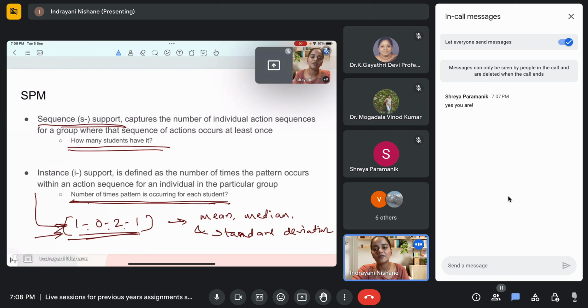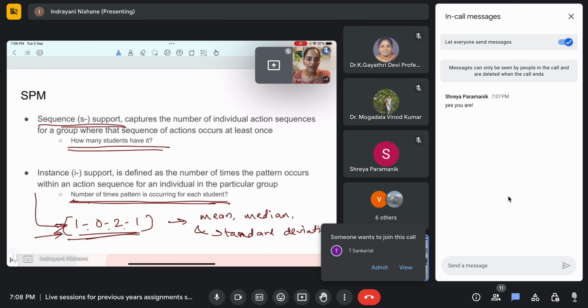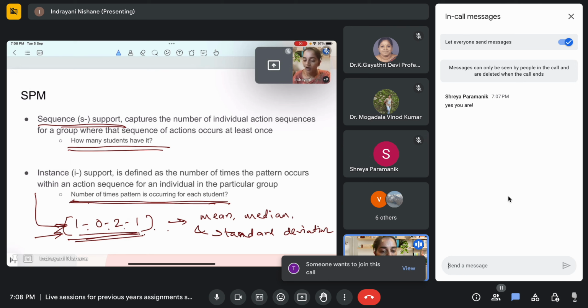Many times the questions will be, please calculate I support for a pattern, and the options will be only one number. At that time we have to add these numbers and then divide by the number of students for whom that particular pattern is observed. Not all the students, only those selected students for whom this pattern is occurring. So here, out of 4 students, this pattern is occurring for 3 students because for one the count is 0.